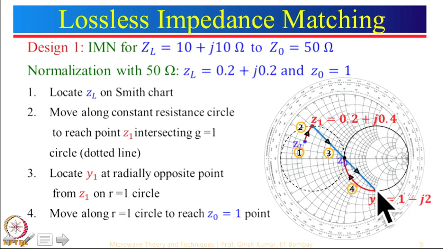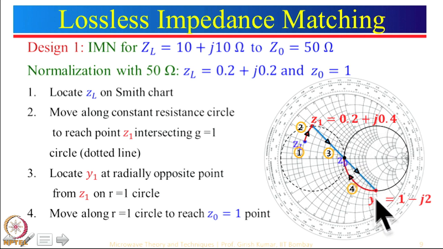If it is not cutting at this point, then either you have not drawn the circle properly or you have not drawn the line properly through the center. So, from here Z1 now becomes Y1. It is in fact one of the very, very simple ways that you can get 1 by Z, simply by moving to the opposite point. Whatever the impedance value is, you can get the admittance value.